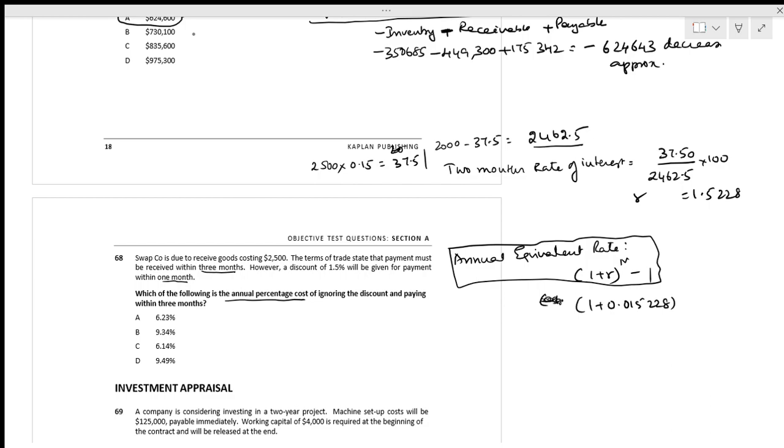Since it is 2 months, it is 12 divided by 2, which is 6. So it is 1.015228 to the power of 6 minus 1. It comes to 0.0949, or 9.49%.